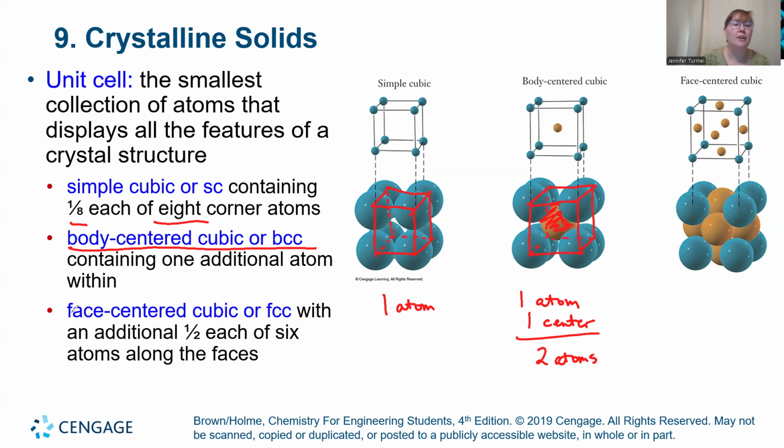Now over here we have our face-centered cubic, and our unit cell for this is a little bit expanded. What this is doing is there are atoms on each face. So you have 6 atoms on your faces, and half of each one is in our unit cell. So we have 1 atom plus 3 on our faces for 4 atoms per unit cell.